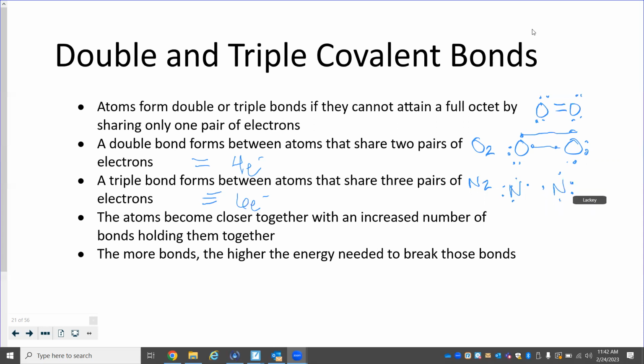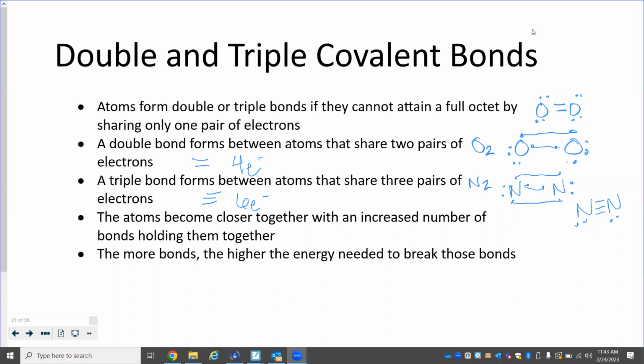If they share 1, they only have access to 6. When they share a second pair, they both only have access to 7. So they have to share a third pair. I'll clean that up a little bit. They will share a third pair of electrons, that way both nitrogens have access to 8.